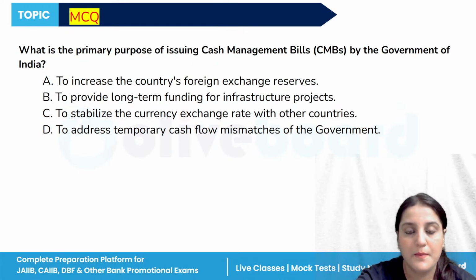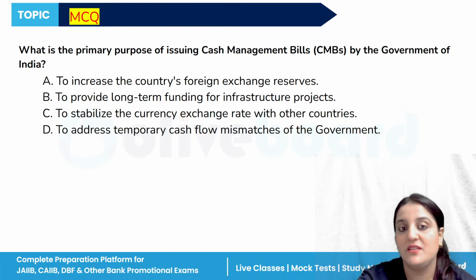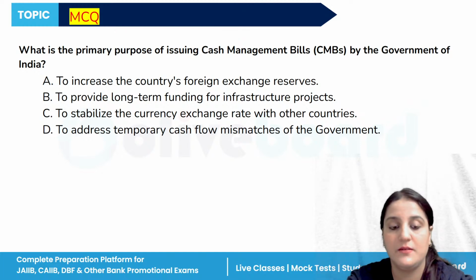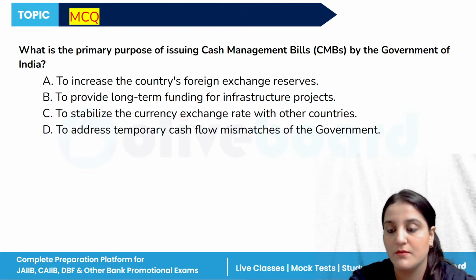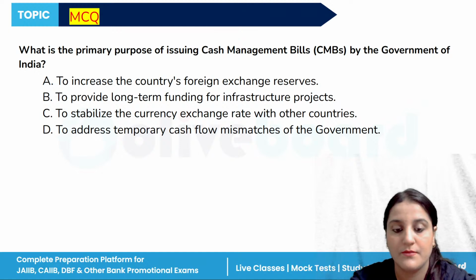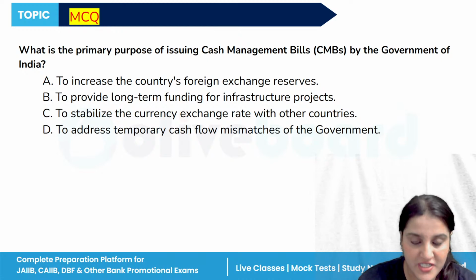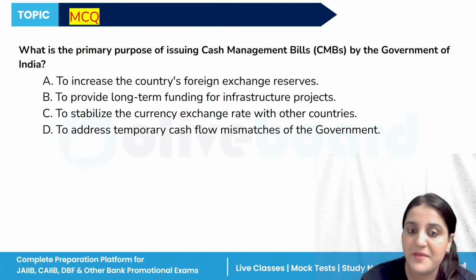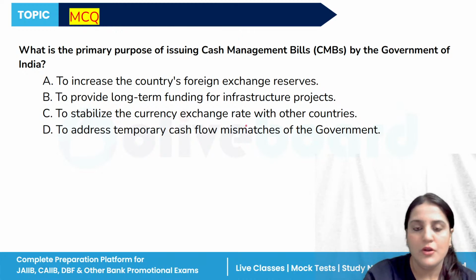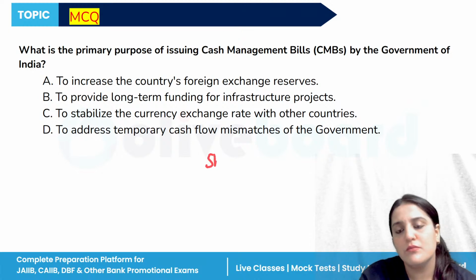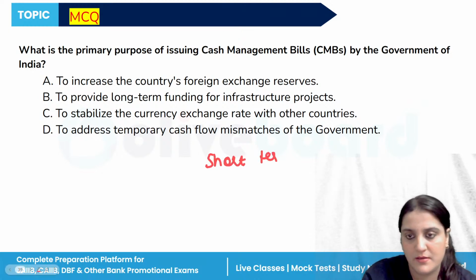What is the primary purpose of issuing cash management bills by the Government of India? The Government of India, in consultation with the RBI, has decided to issue some new short-term instruments.